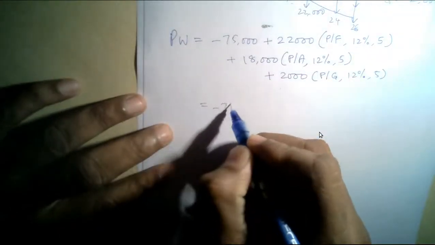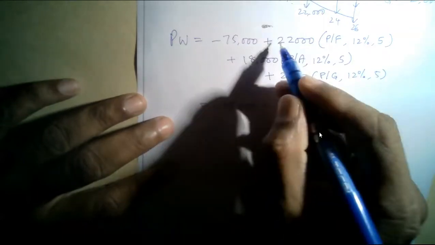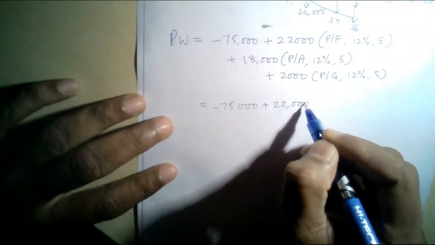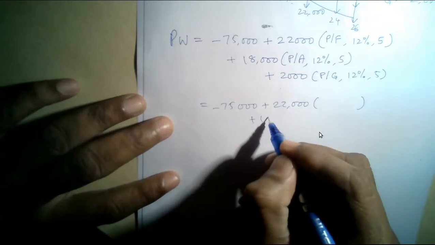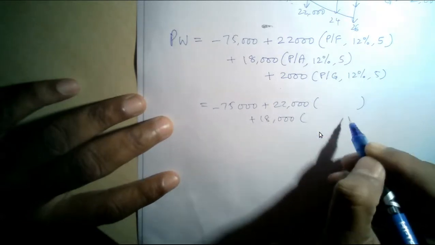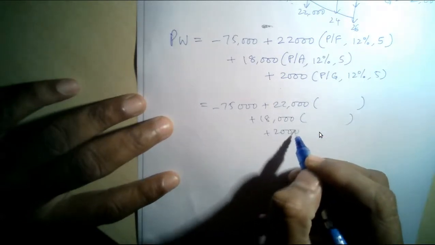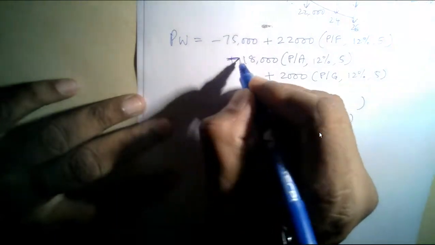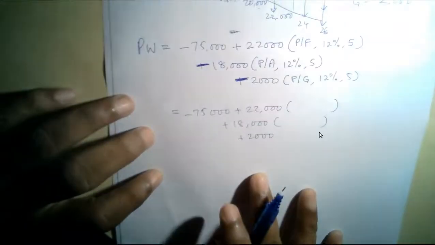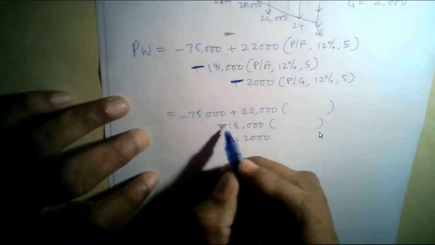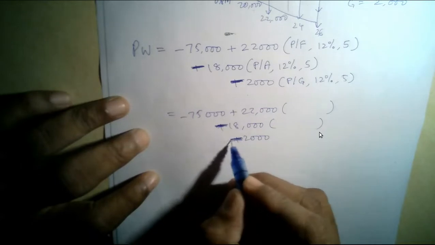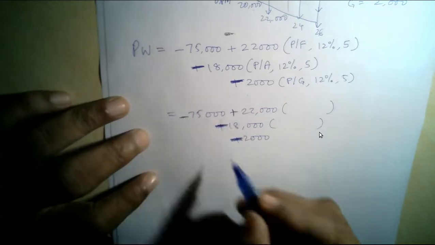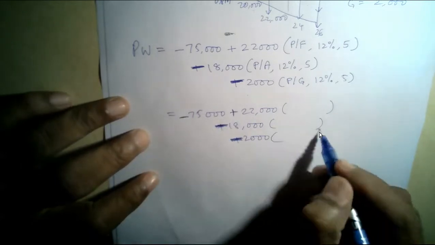So I have minus 75,000 plus 22,000 with some factor, 18,000 with some factor, and 2,000 with some factor. By the way, I'm sorry: this is negative, this is negative, because these are going down. These are the costs. Only this one is positive, all others are negative. And then here I'll get a factor.